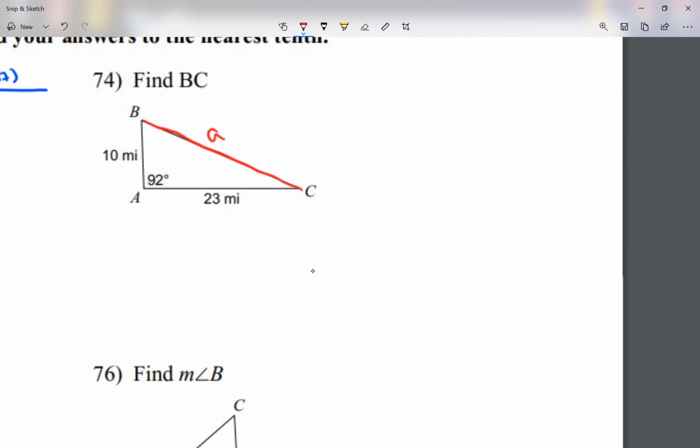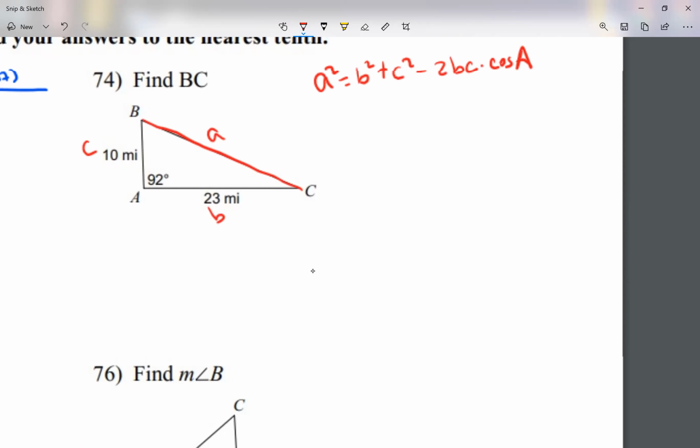Because I have angle A, I'm just going to use the formula A squared is equal to B squared plus C squared minus 2 times B times C times cosine of A. I know that my side C is 10, and I know my side B is 23.